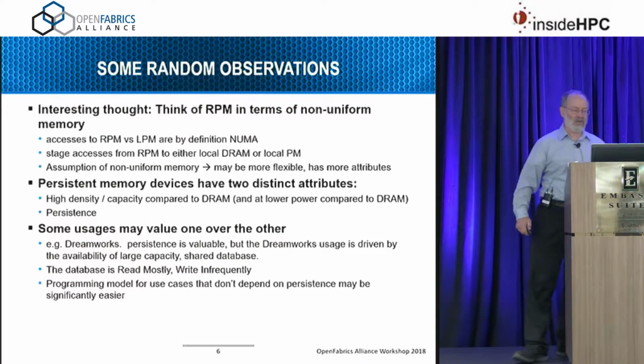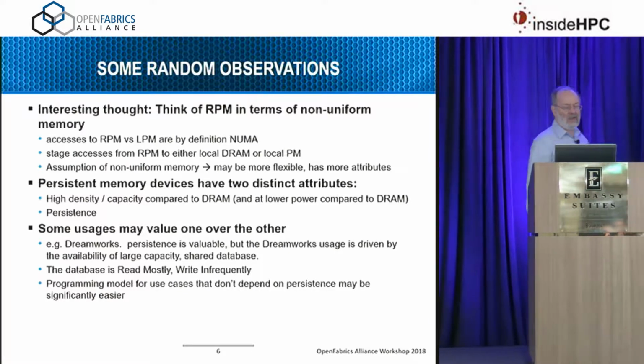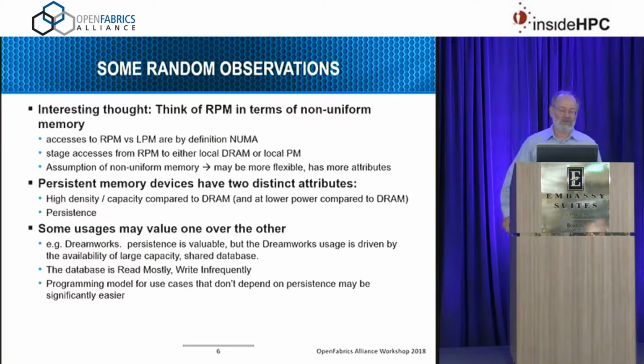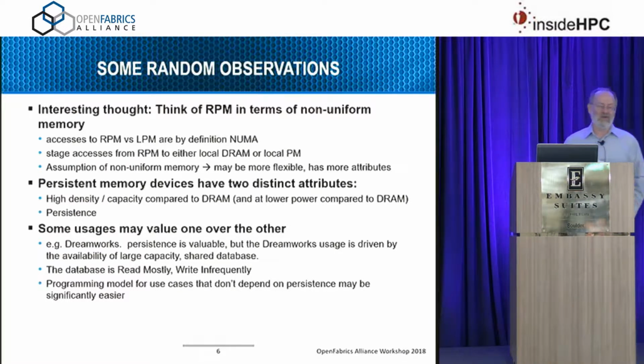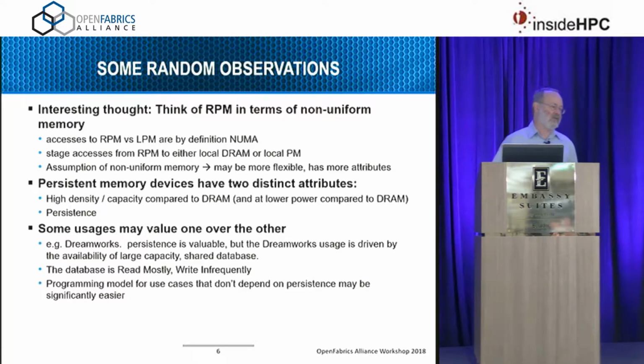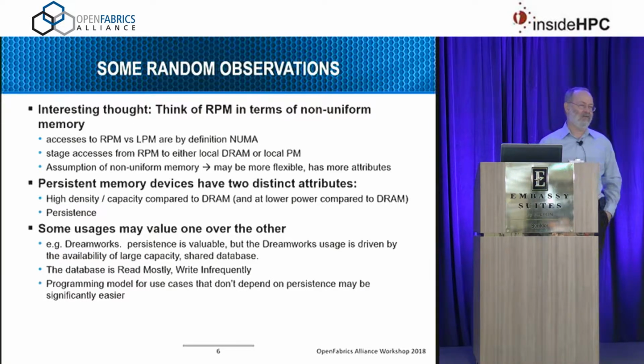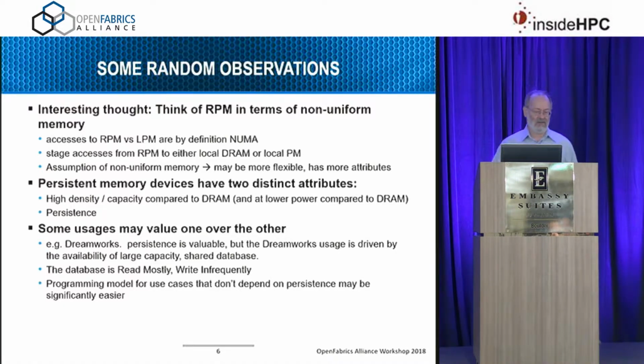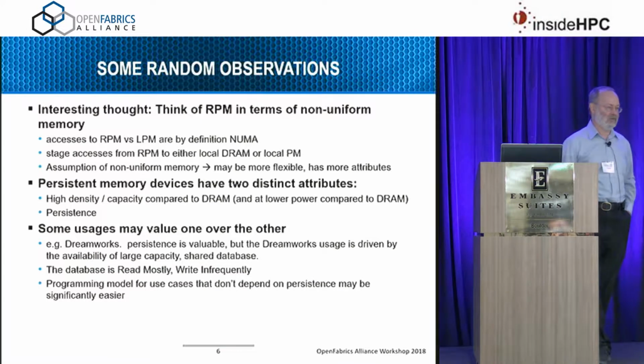So of course we opened up with some general discussion. RPM is remote persistent memory. It's NUMA, right? It's going to create various paths to memory. They all look like memory access. Well, some of them, they don't have to all look like memory access actually. But in some fabrics, even stuff that's a little bit distant can look like memory access.